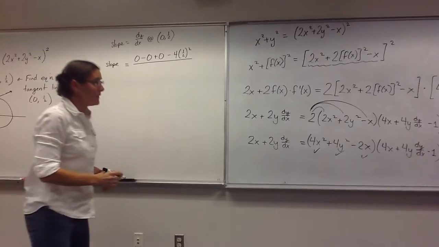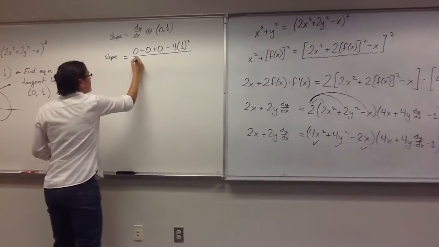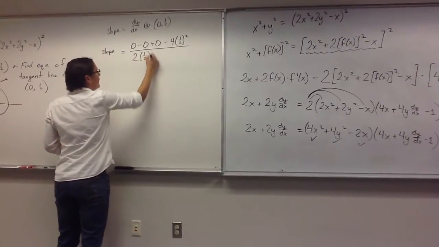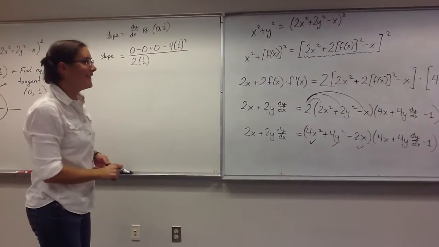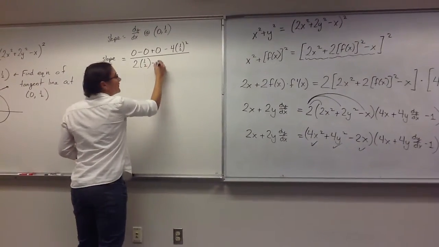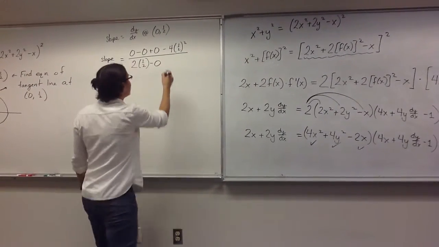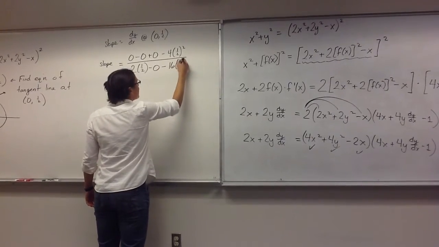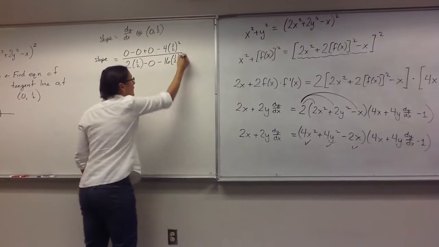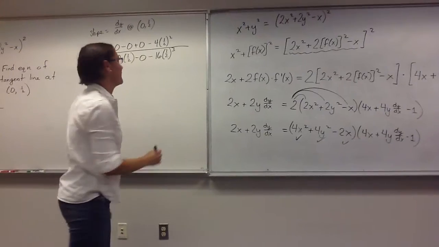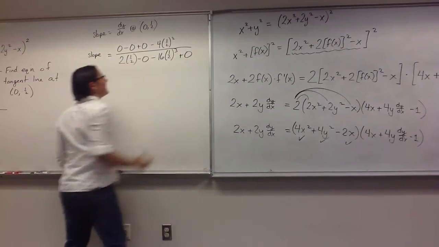And in the denominator, we have 2 times 1/2 minus 0, and then minus 16 times 1/2 cubed plus 0. All those zeros.